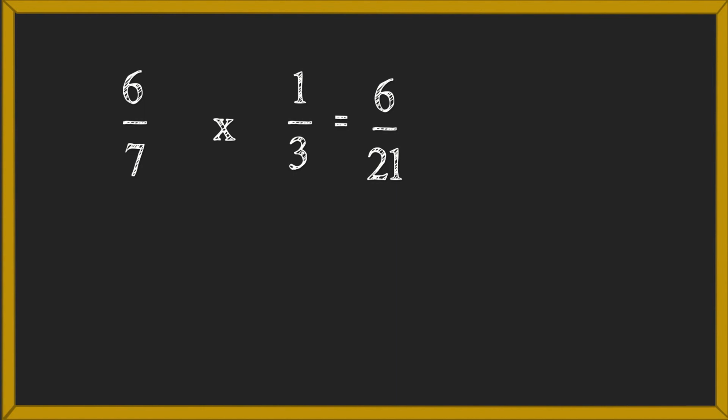So we need to reduce this first to the lowest term by simply dividing both 6 and 21 by 3. 6 divided by 3 is equal to 2. And 21 divided by 3 is equal to 7. This means that the lowest term of 6 over 21 is 2 sevenths. So the final answer is 2/7.